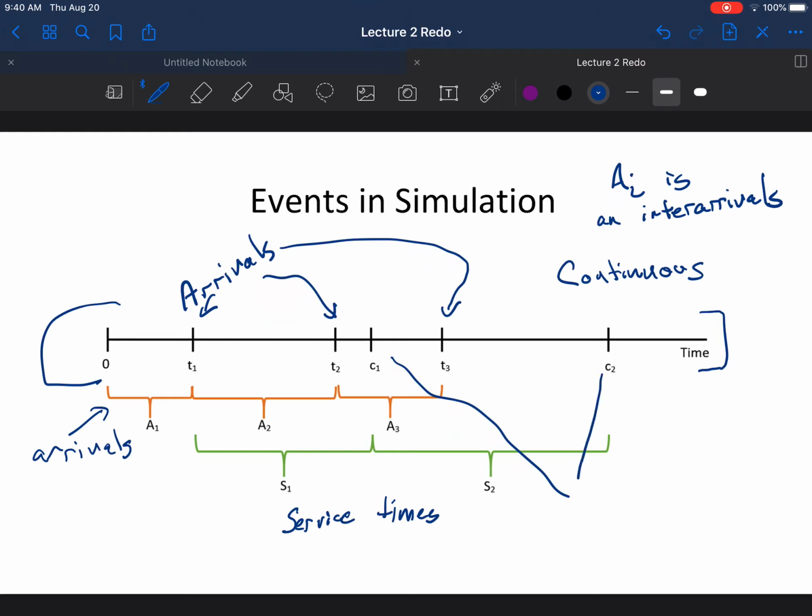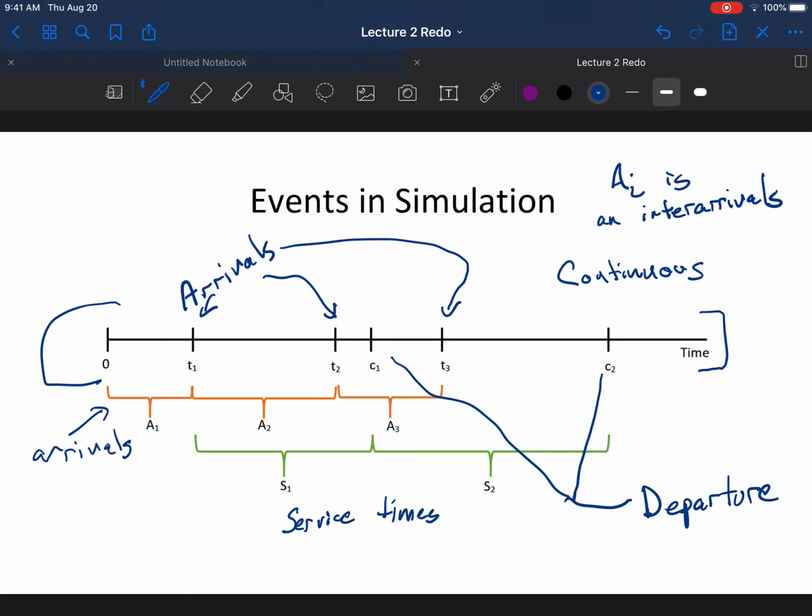It gets more complicated when you think about the departure of the second arrival. It's no longer as simple as saying it arrives at T2, so we just add the service time. Why not? Because we have to wait for the first arrival to finish service. So its actual completion time is C1, the completion time of the first arrival, plus its service time, S2.